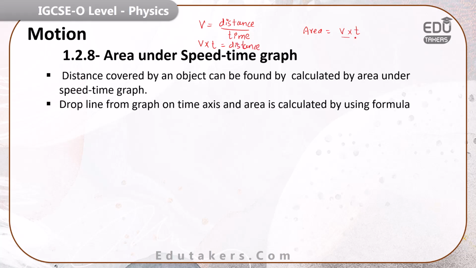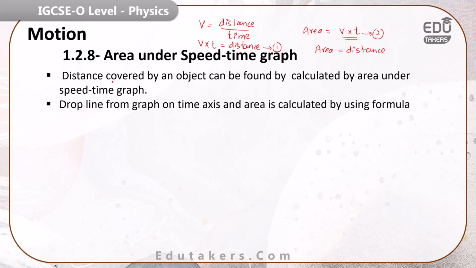On the right hand side, in the second equation, it is also speed multiplied by time, which is equal to area. When I compare both of these equations, 1 and 2, the area will be equal to the distance. It means that the area under the speed time graph gives you the distance covered by that body.